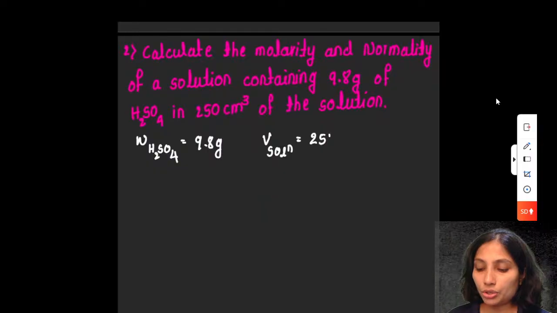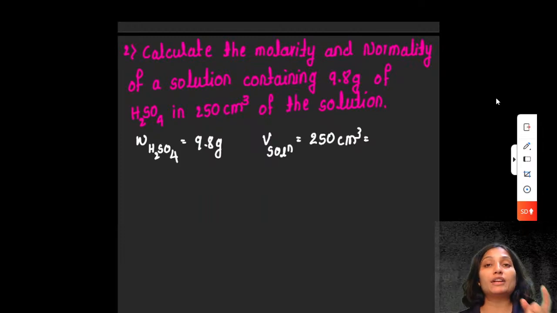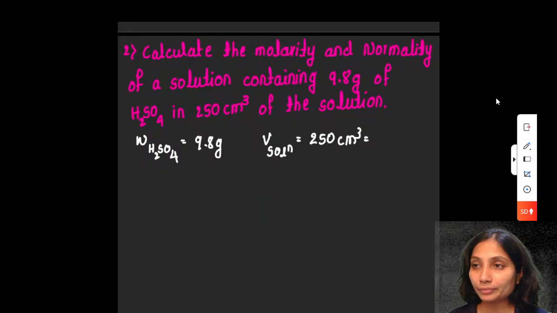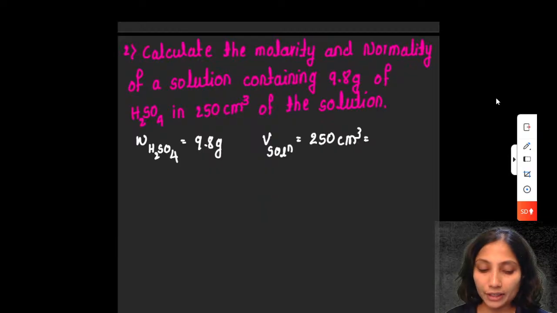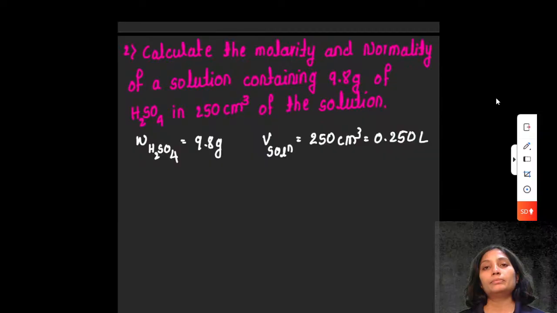That is nothing but 250 ml. For calculation of molarity as well as normality we want volume of solution in liter, right? So I'll convert this into liter: 0.250 liter.